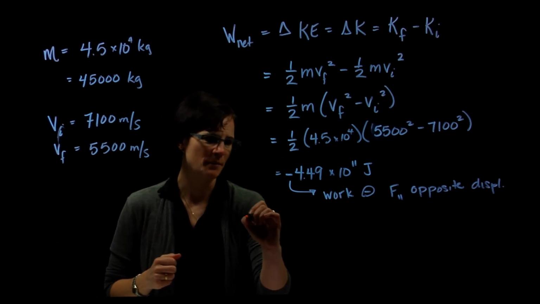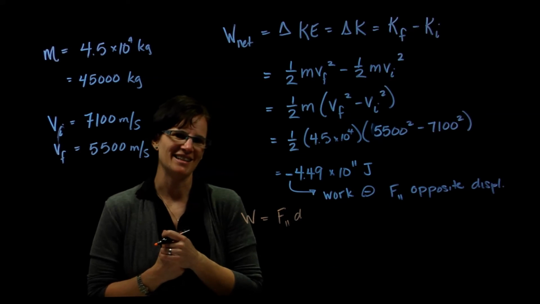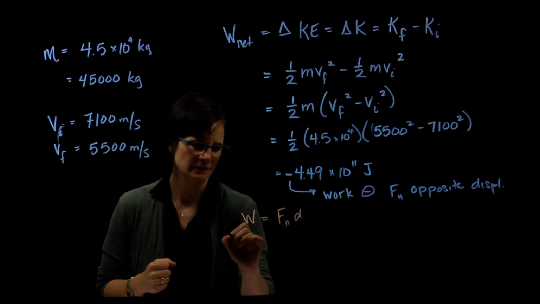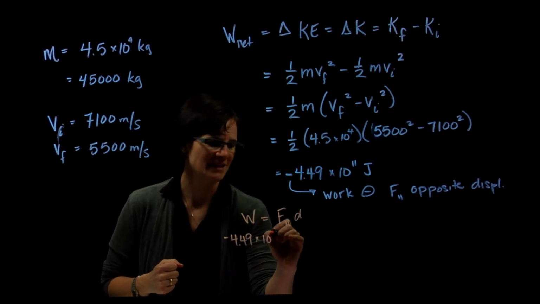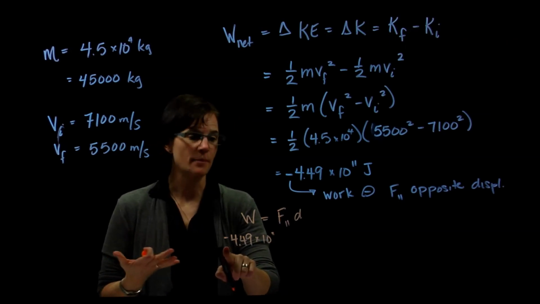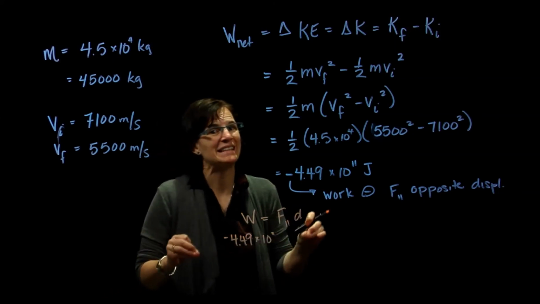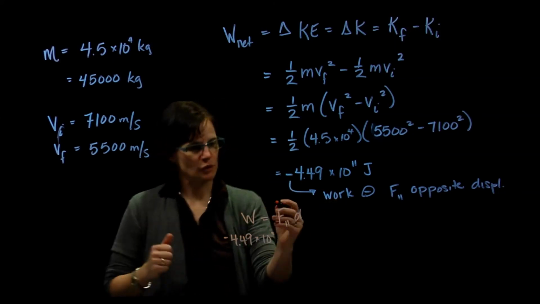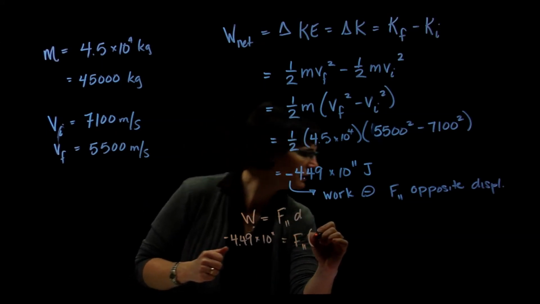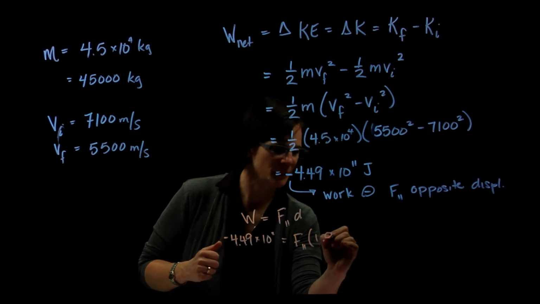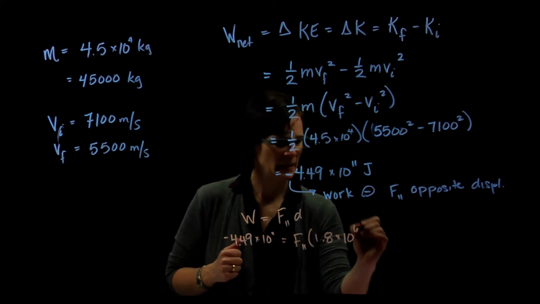And so we remember that our work is equal to our force times that distance. Our work is negative 4.49 times 10 to the 11th, that negative tells us it's opposite, which means our force should be opposite. Remember, this negative means opposite, not left or right. Opposite the motion. Force parallel, and then we have 1.8 times 10 to the 6th meters.